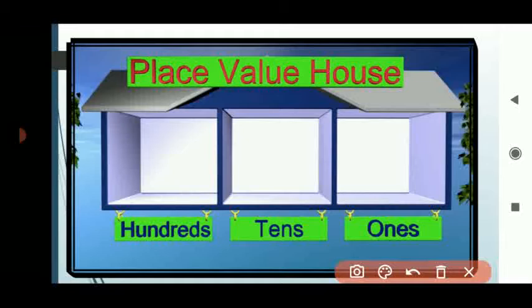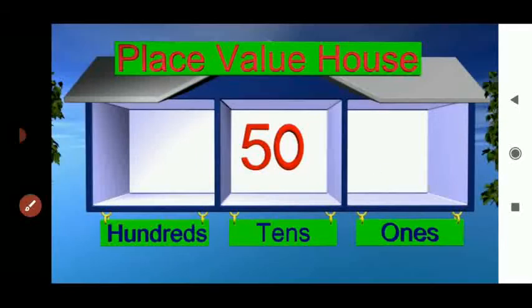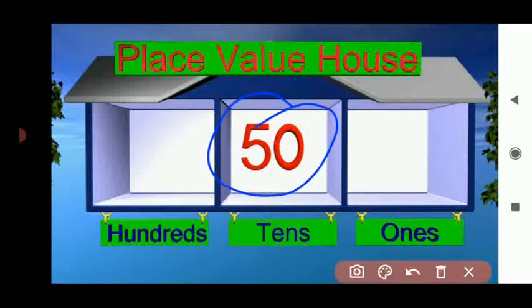So now, let us look at this number and put it in the right place. Here we have the number 50. Now we can see 50 is a 2-digit number.